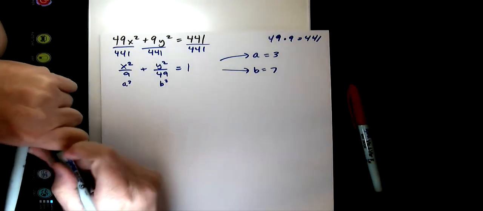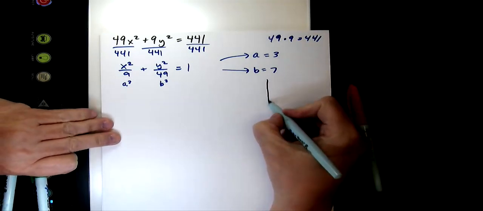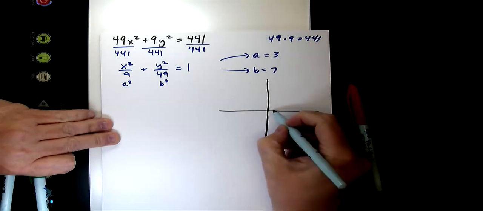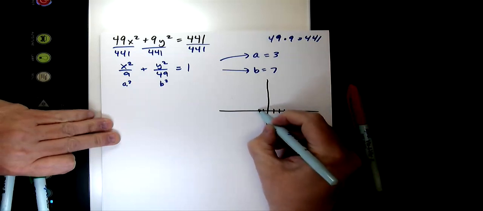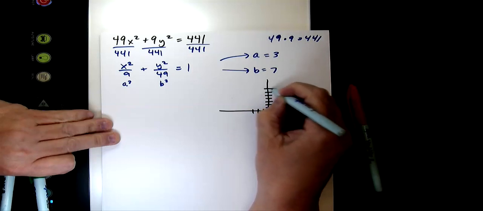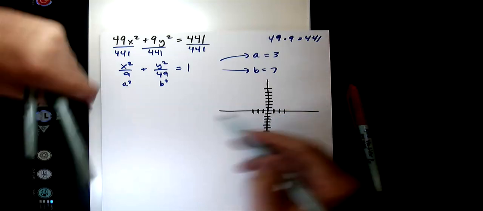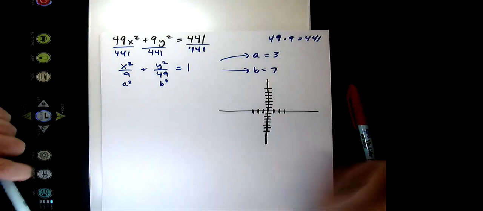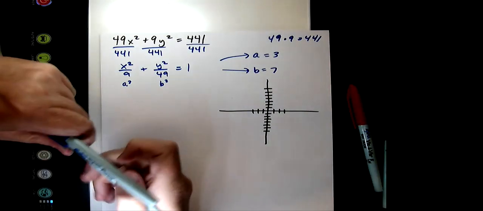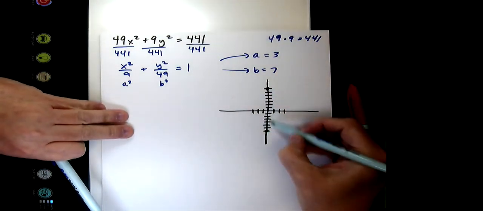So if we're drawing it, this looks like one of the tall ones. So we're going to go up and down 7, left and right 3.